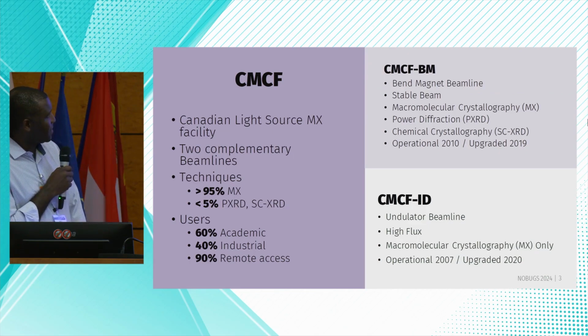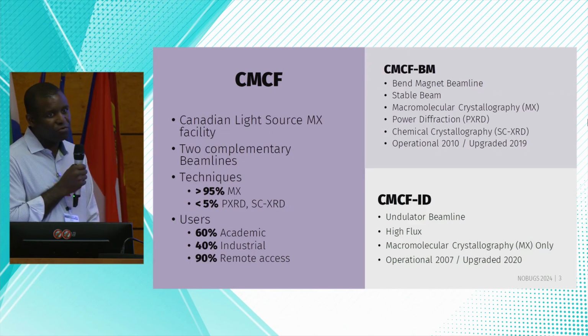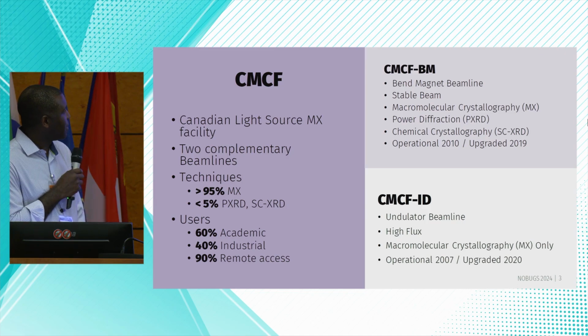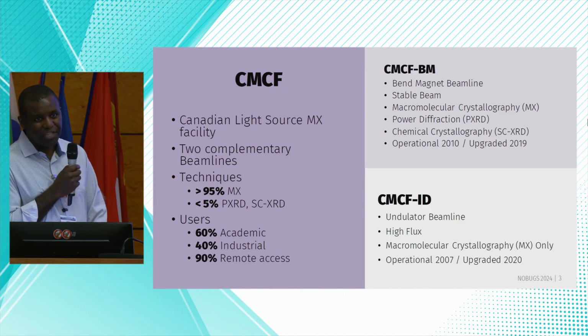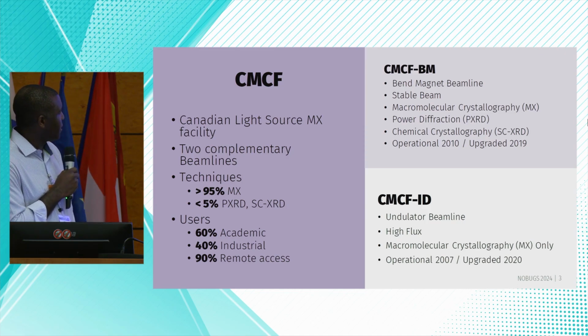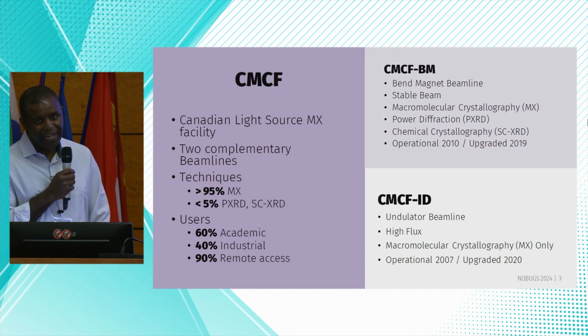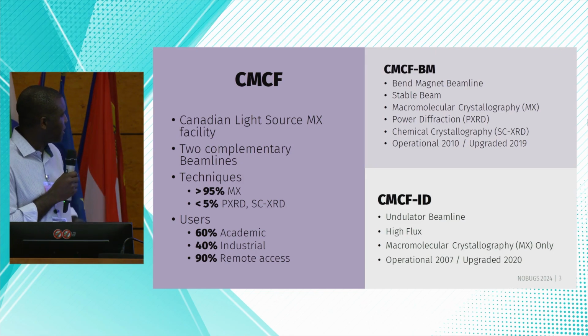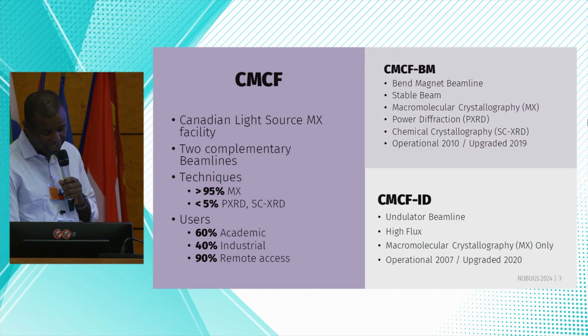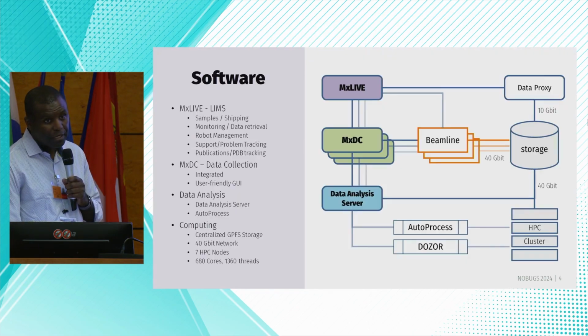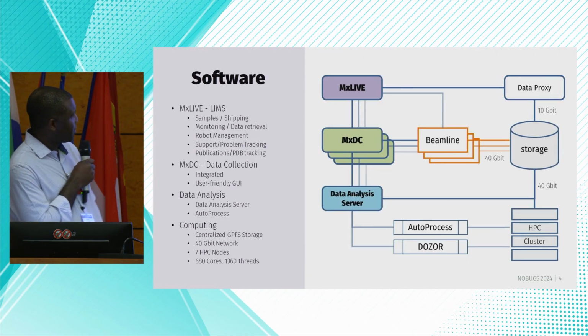CMCF is the MX facility, and it has two beam lines that are complementary. We do mostly MX. Our user community is 60% academic, 40% industrial, and more than 90% of our usage is remote. Here's an outline of the software architecture.